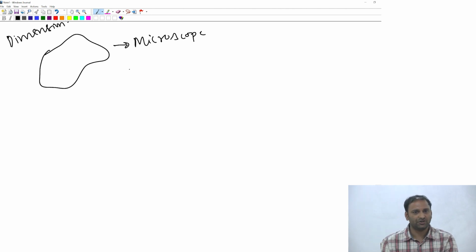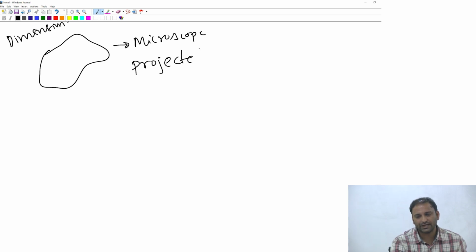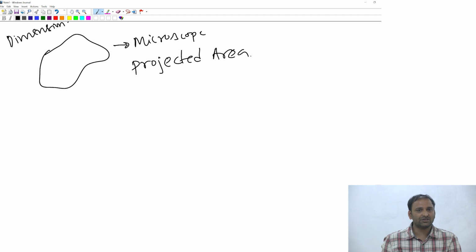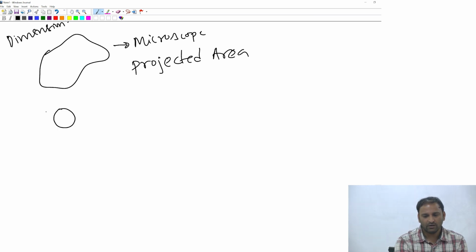Whenever I capture an image, what I actually get is something called a projected area. So what the microscope does is measure the projected area of the particle. Of course, with a microscope you can only do 2D imaging.